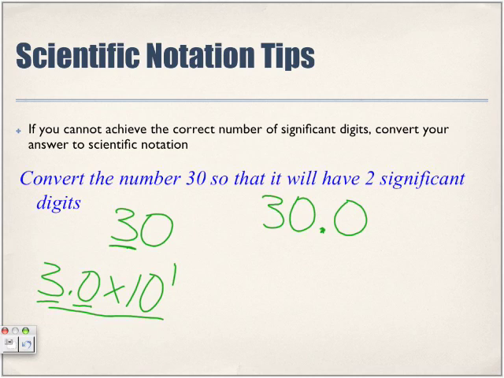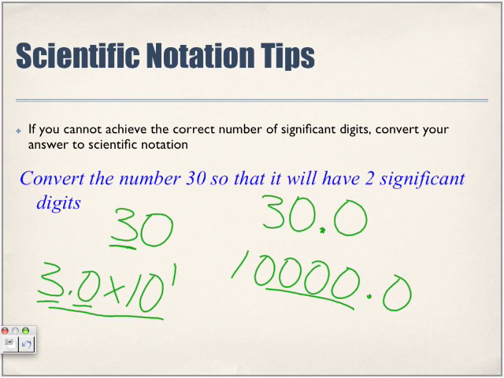So that's your tip. If you cannot change your answer like that, convert to scientific notation. It's like this. Let's say you calculated your answer and it came out to 10,000. But your answer must be in 2 significant digits. How do you change 10,000 to 2 significant digits? The only other option I can think of right now is to add this, but now I'm including all these as significant. I only want 2 in my answer.